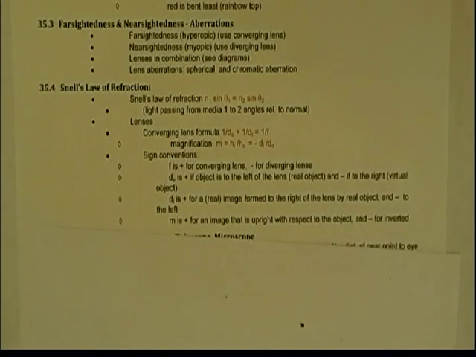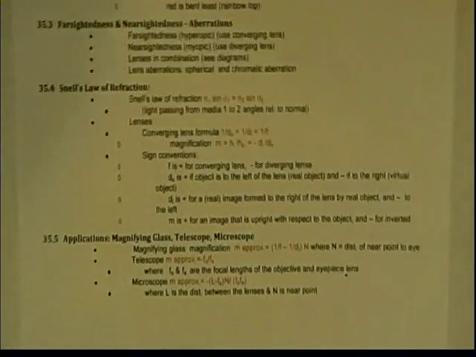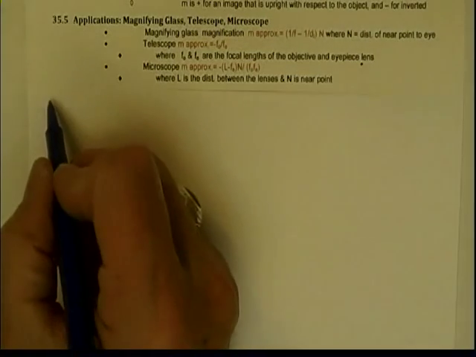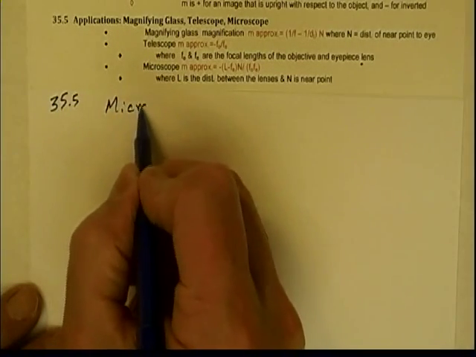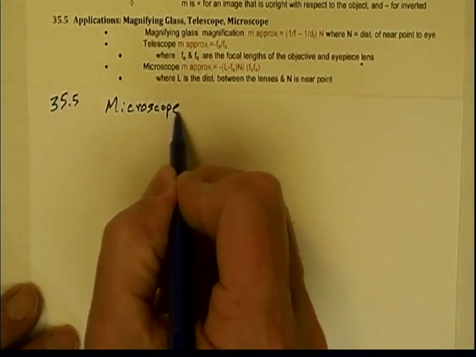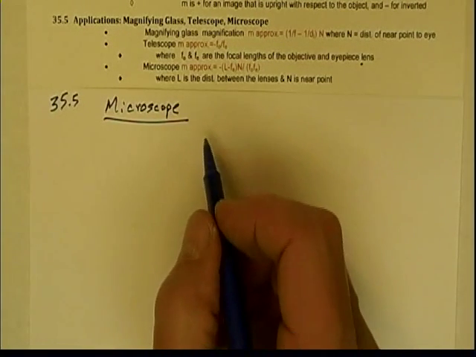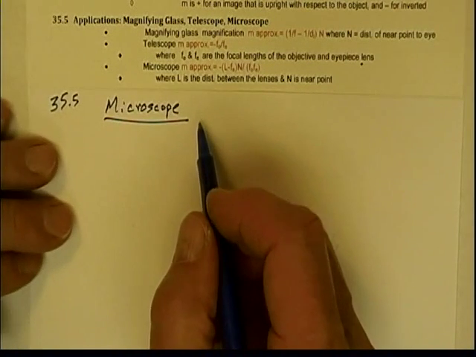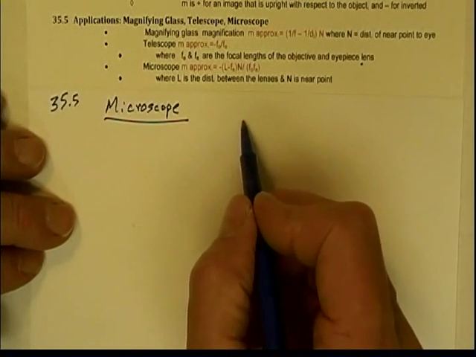The next object we want to look at is a microscope. For a microscope, we have a very similar kind of situation. In fact, the diagram is almost identical.